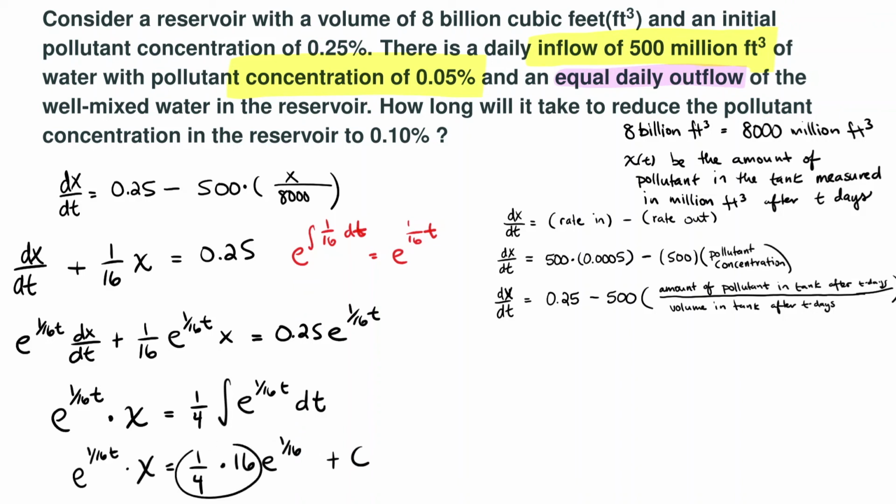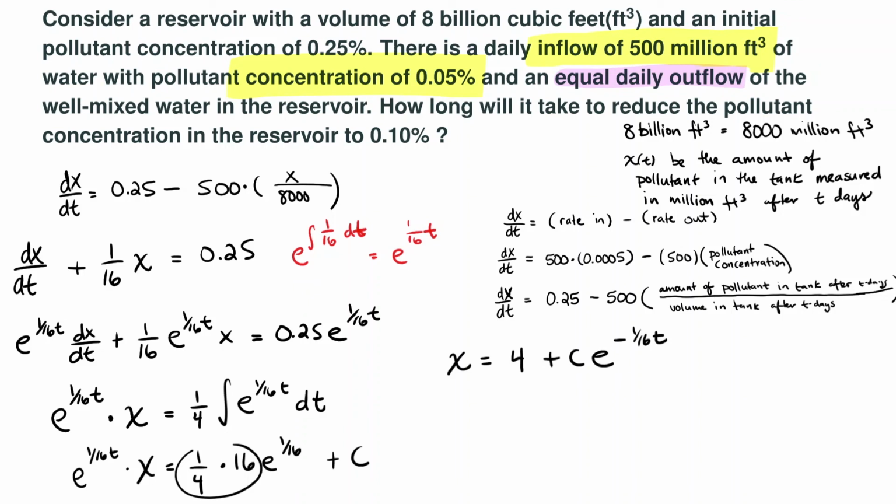We'll simplify our constants, and that will be a 4. Divide both sides by e to the 1/16 t, and we end up with the amount of pollutants x equals 4 plus c times e to the negative 1/16 t.